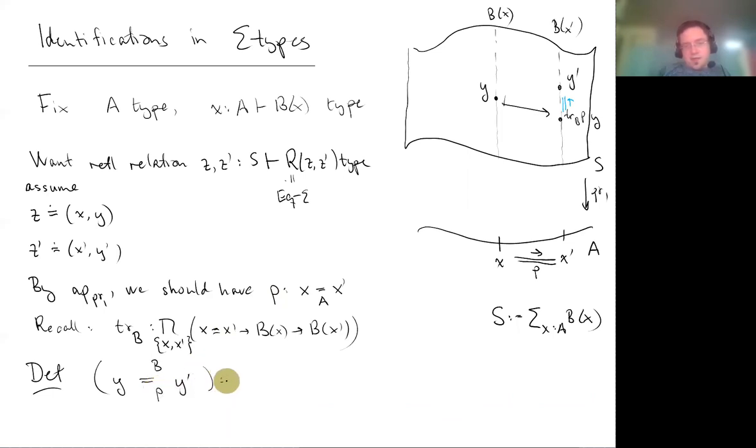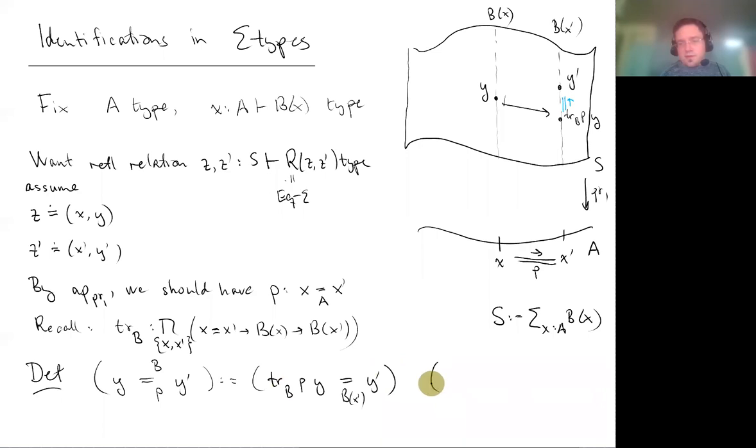This is going to be a type, and we define it to be just an identification from the transport along p of y to y prime. So this lives entirely in B of x prime.